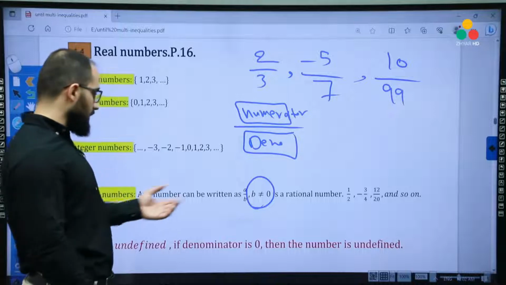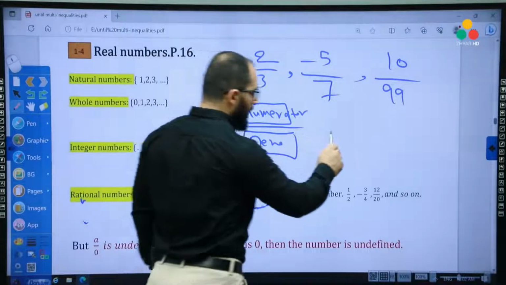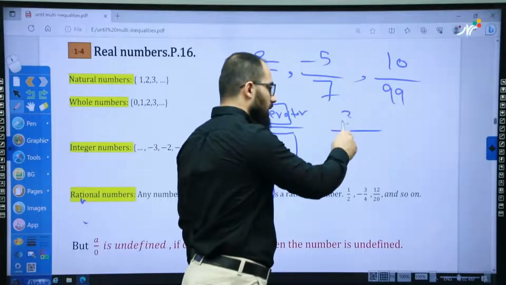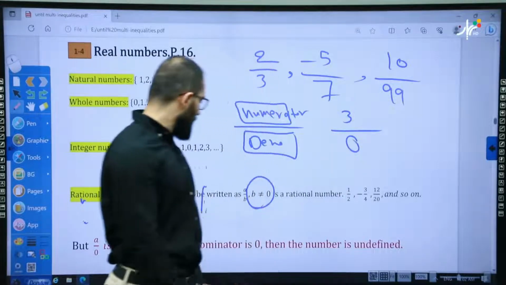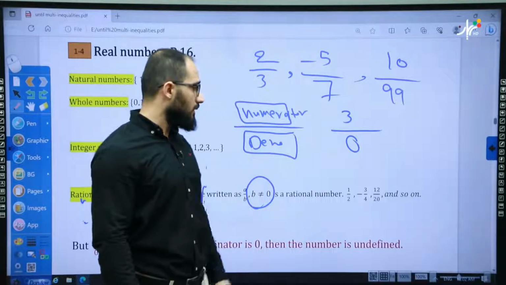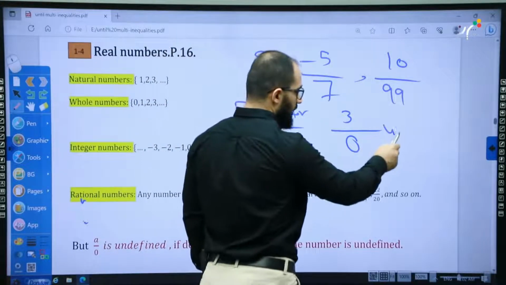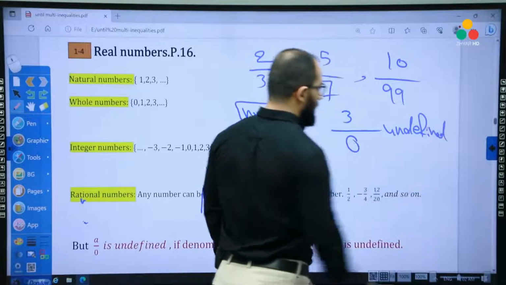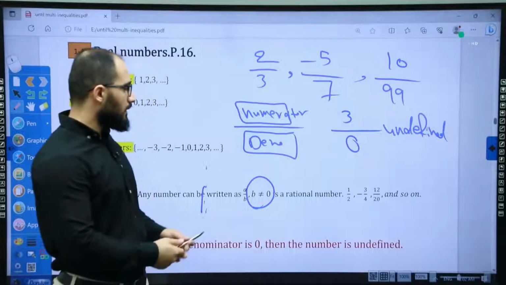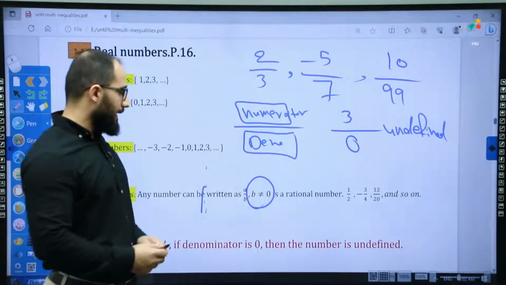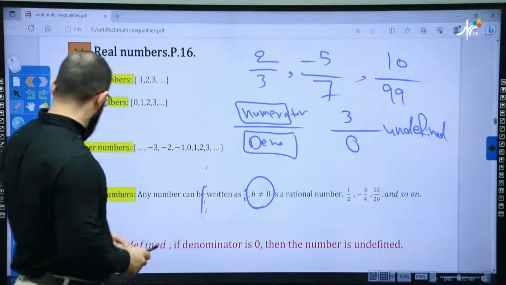So by the definition, the denominator of a fraction cannot be 0. For example, 3 over 0. What if we have a number over 0? So it is undefined. Or you can say it is unreal, not real.